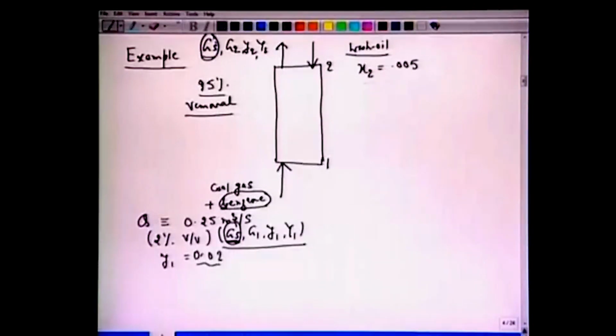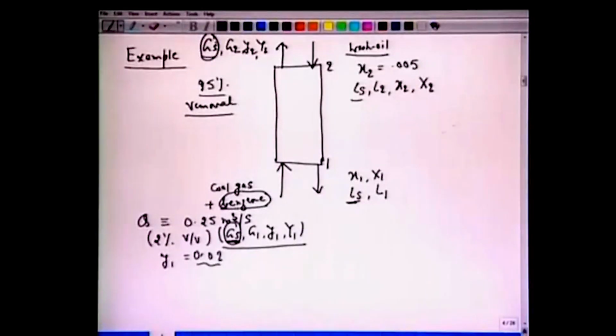Wash oil contains x2, but we have Ls, amount of solvent required, L2, x2 which is 0.005, and we have capital X2. Similarly here we will have x1, capital X1, Ls, and notice Ls without any subscript, because solute free basis amount of solvent remains the same, and then we have L1 here.